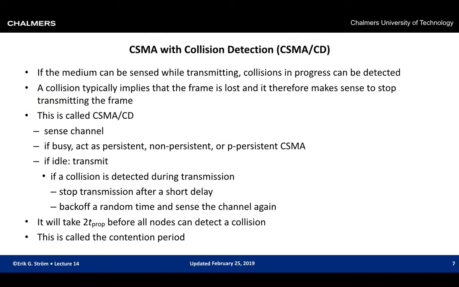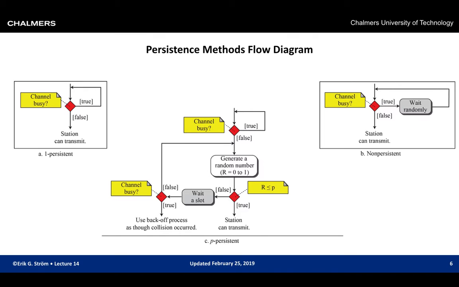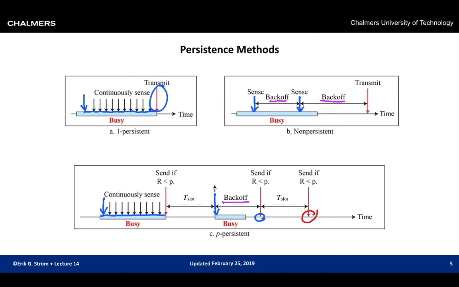Now, the improvements to carrier sensing. Regardless of the persistence method we're following here, there is always a probability that we choose to transmit and somebody else chooses to transmit at roughly the same time.